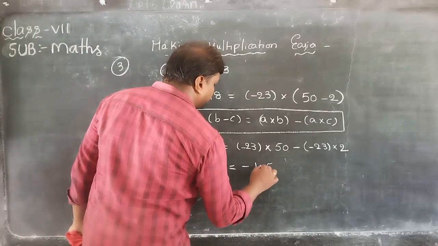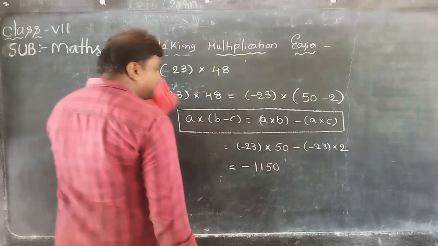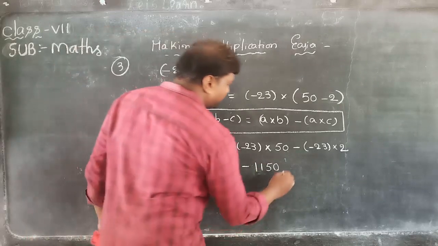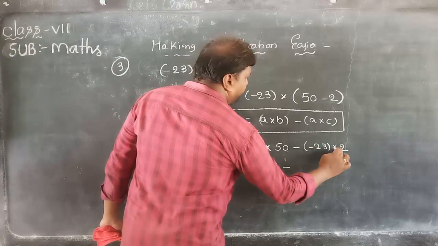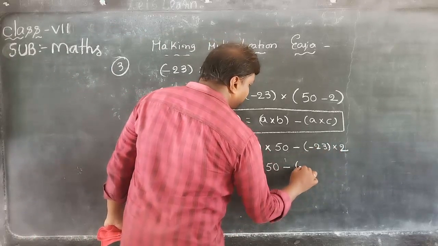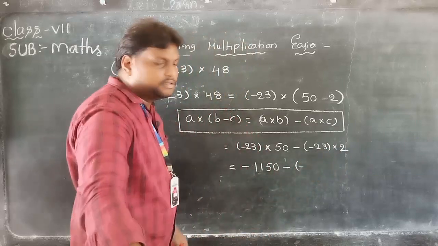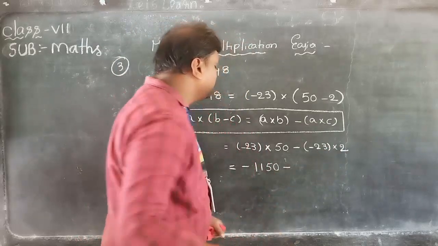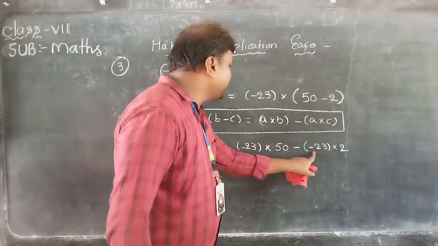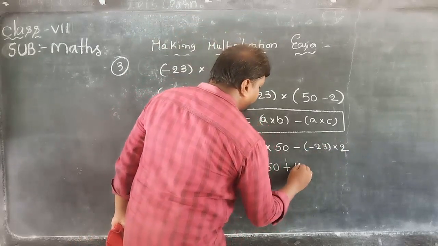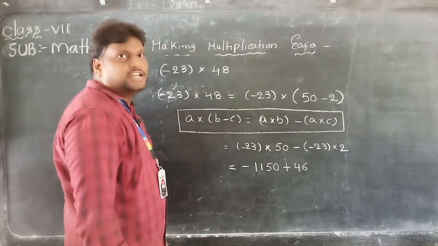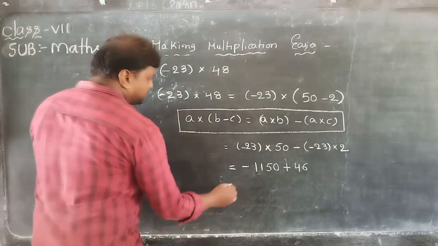23 into 50 is 1150. Minus into plus is minus again, otherwise directly multiply here. Minus into minus is plus, 23 twos are 46.